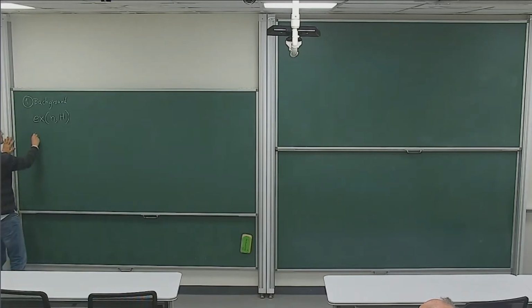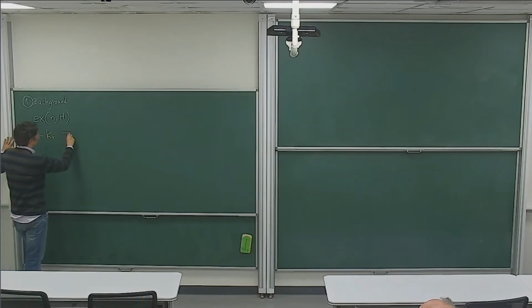When H equals the complete graph on r vertices, this is Turán's theorem. Turán's theorem characterizes exactly what the graphs with the maximum number of edges are.